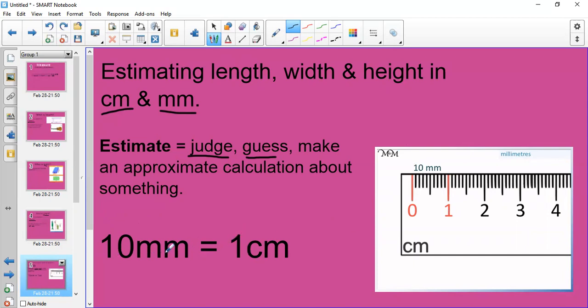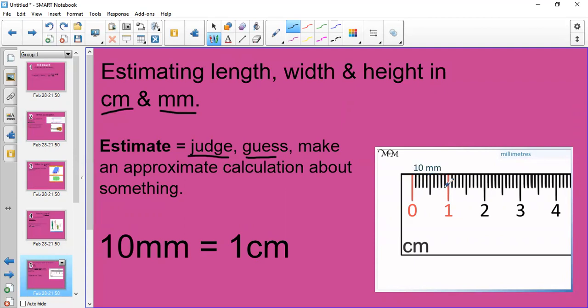So millimeters are smaller units of measurement and centimeters are bigger. For example, on this ruler, we know that it's measuring in centimeters. Here is 1 centimeter, and we know that each of these is worth 1 millimeter. So 0, 1, 2, 3, 4, 5, 6, 7, 8, 9, 10.